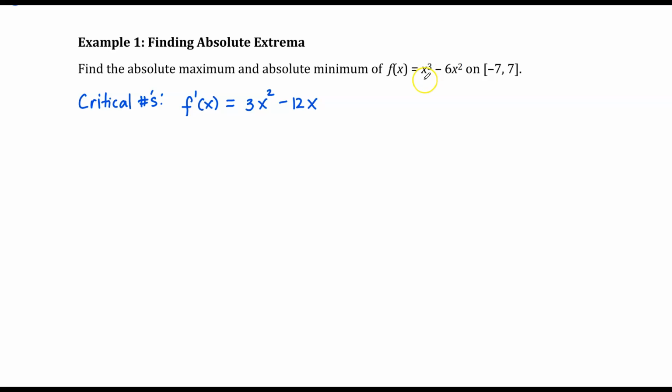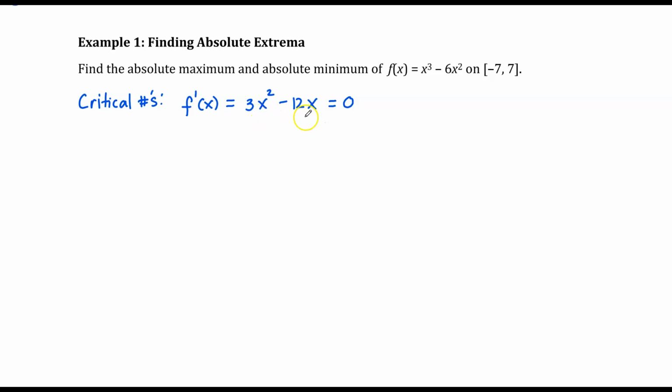That's differentiating x cubed, which gives 3x squared, and the derivative of 6x squared is 12x. Then, after you find the derivative, you equate this to 0. The zeros of the derivative are the critical numbers.